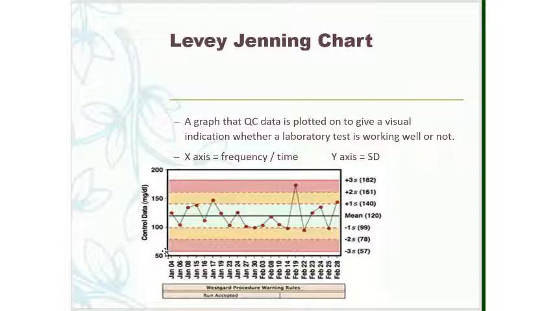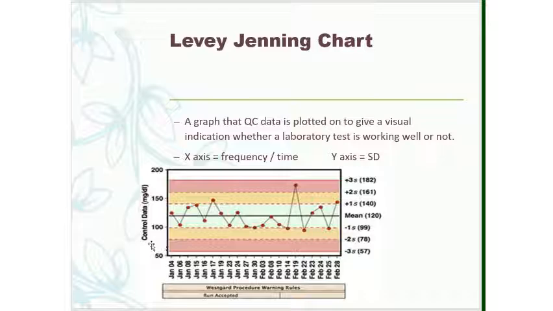It also has two sections. This is the positive SD section, and this is the negative or minus SD section. The positive SD section is where the QC value is more than the mean, while the negative section is where the QC value is less than the mean. The y-axis shows the deviation of the daily QC from the mean or target value.